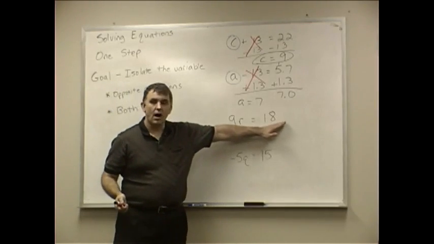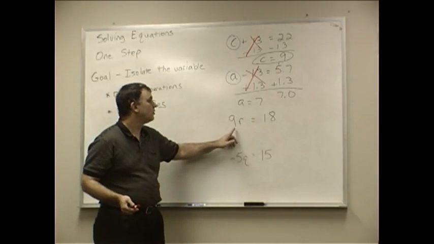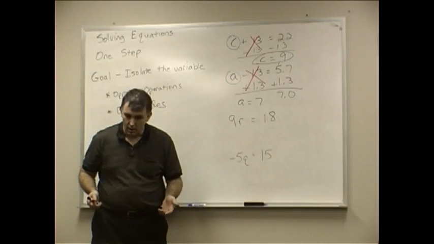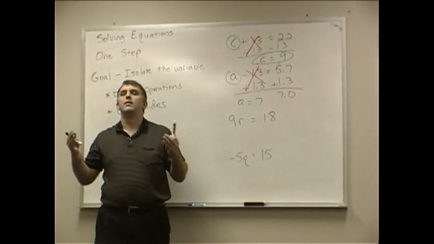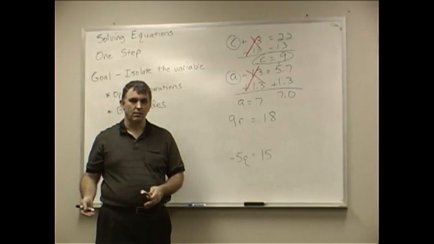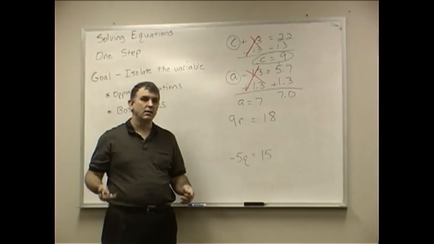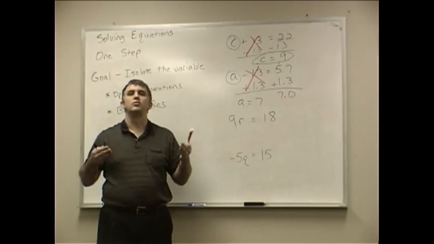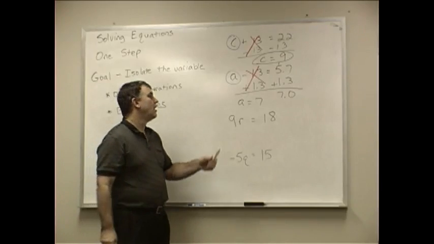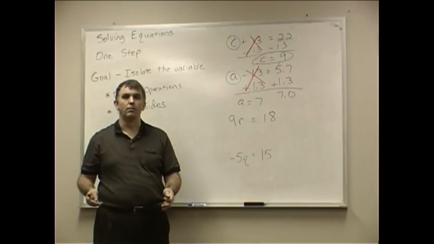Now, I have 9r equals 18 for the next one. This is multiplying. This means 9 times r. The inverse of multiplying is dividing. So the straightforward way to do this is divide. Now there are some teachers that teach the multiplicative inverse, which is a fancy way to say you multiply by the reciprocal.